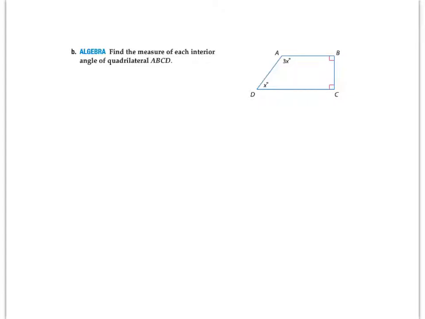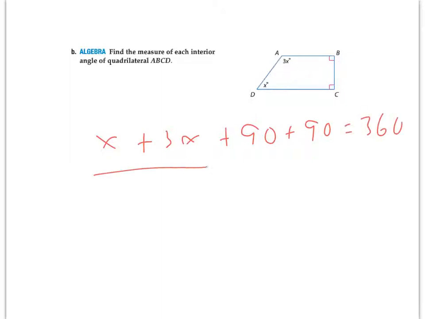Okay, find the measures of each interior angle of the quadrilateral ABCD. So we know that the sum of the interior angles is 360. So we can look here, we have x plus 3x plus 90 plus 90, those are both right angles, is equal to 360. Let's combine our x's. x plus 3x is 4x, plus 90 plus 90 is 180, is equal to 360.